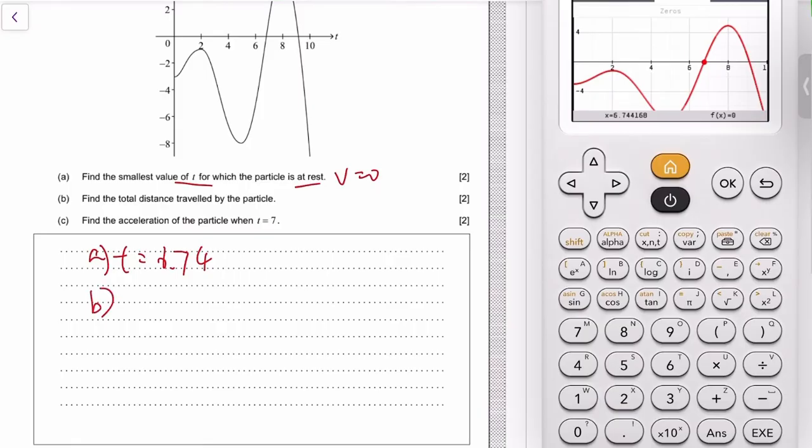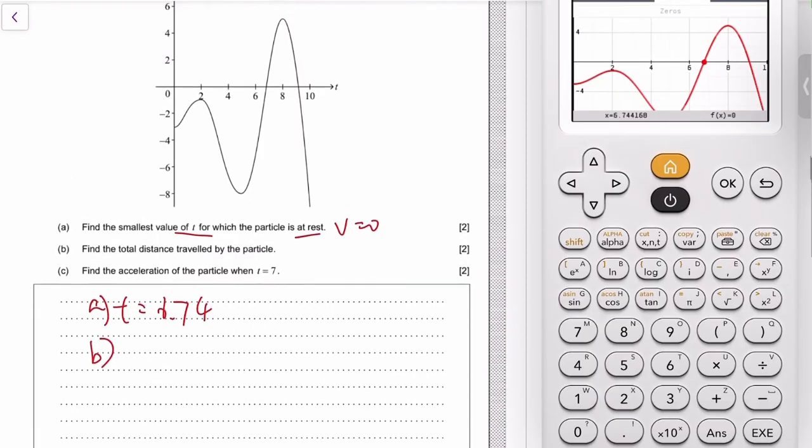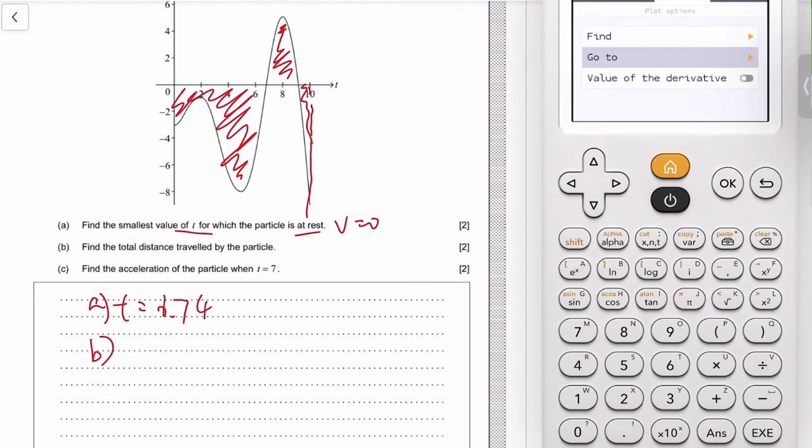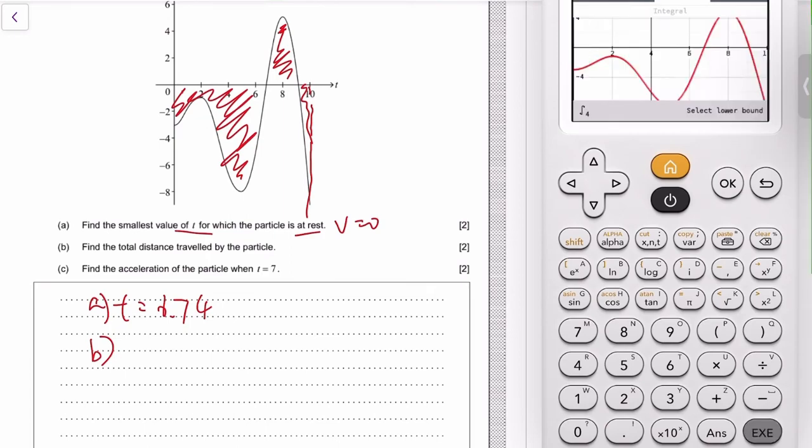B, find the total distance traveled. So you just add up all the area, but since it's a distance, even for area under the x-axis, you would add it as a positive. Right, so that's also something your calculator should be able to do. So you should figure out how to do integral with your calculator.